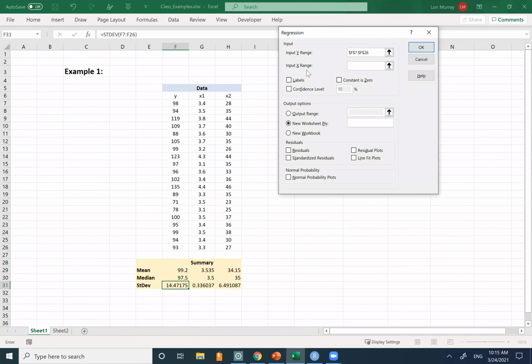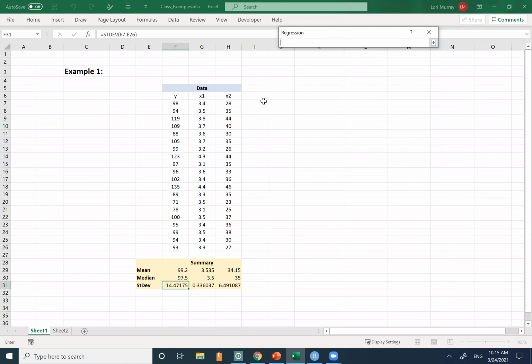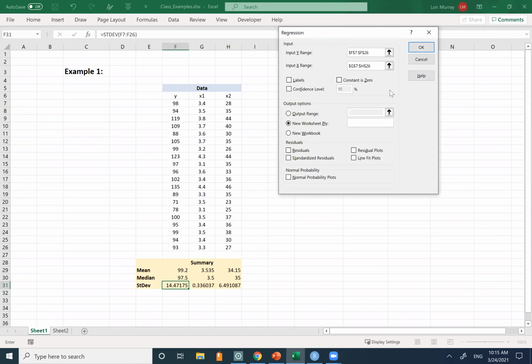So I could put in just x1, or I could just use x2 and run a simple linear regression, or I can enter in the full range of both, just like that, and then just click this little arrow back down to close it.